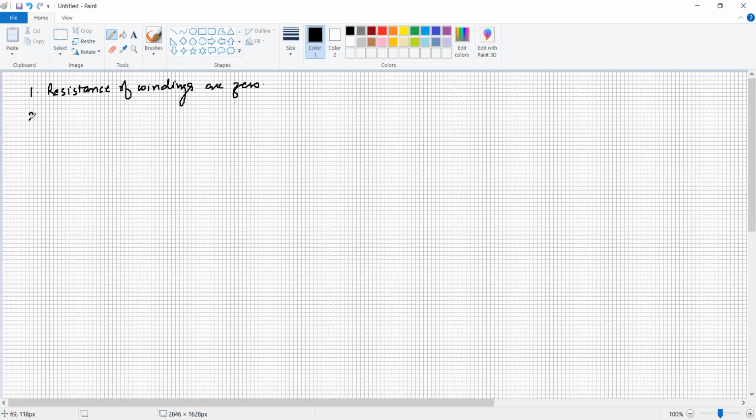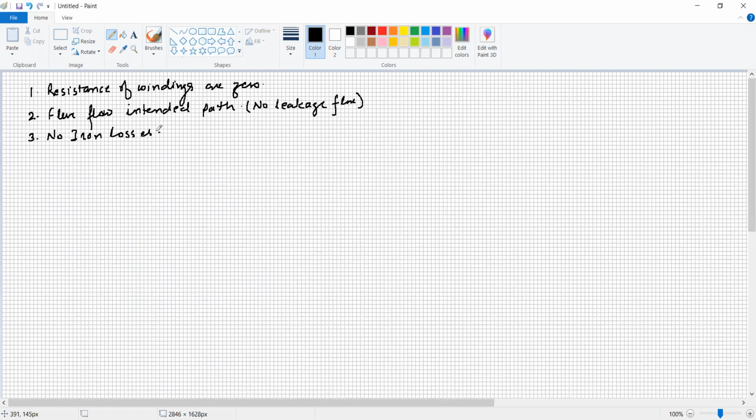Second, we assume that the flux follows the intended path, which means there is no leakage flux. Third is that there are no iron losses.